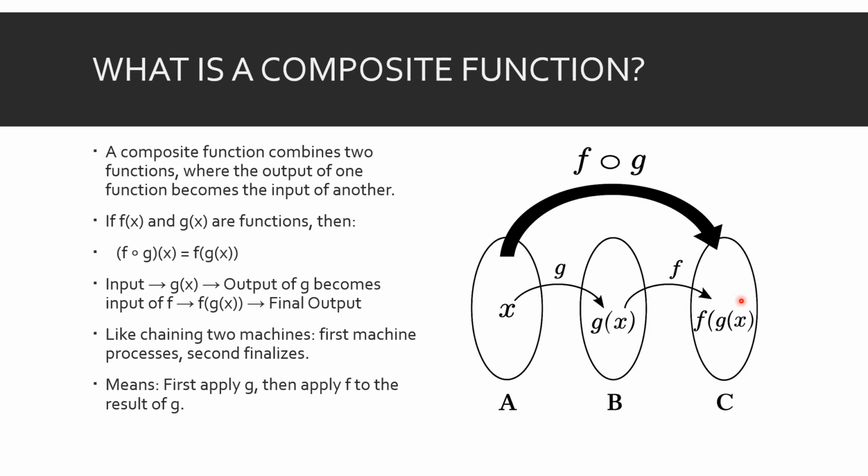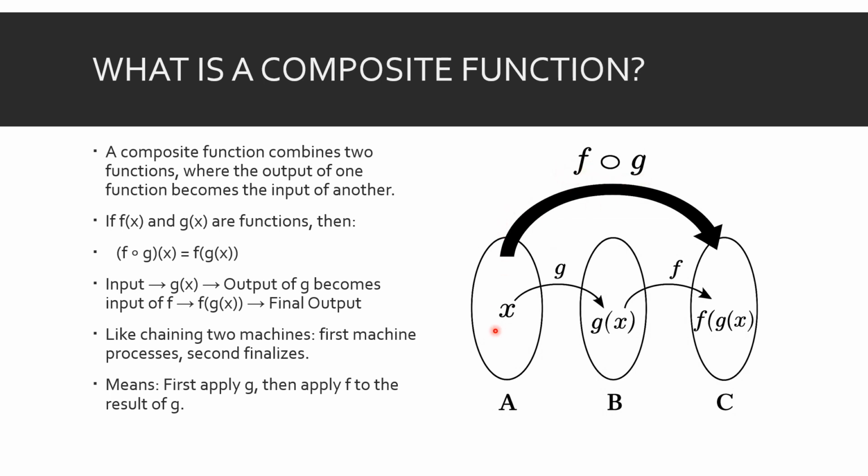When you look at this relation, we are talking about a composite relation here. The x is the input, and the input will be substituted into the function g of x, and g of x becomes the output. The moment g of x becomes the output, it turns out to be the input for the function f, also written in this form. So the relation from start straightforward to f will be a composite relation or composite function f composite g.